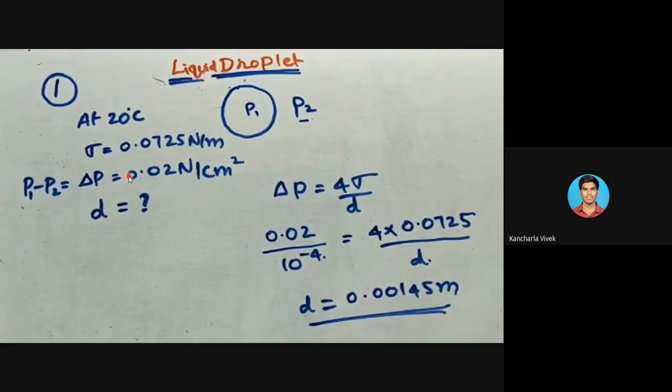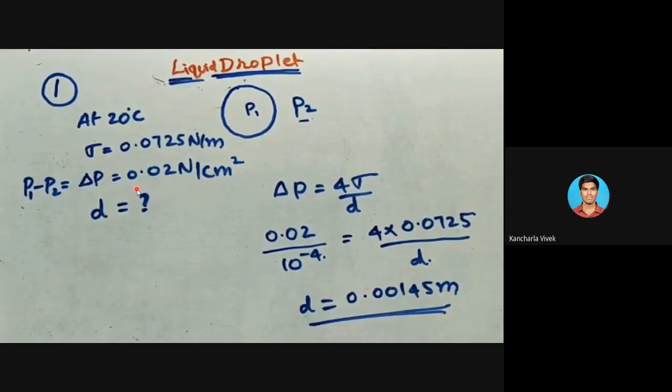So 0.02 by 10 power minus 4 equals 4 into sigma, that is 0.0725 Newton per meter, by d, which we need to calculate. When we calculate the formula, it will become 0.001. The main thing here is we are not worried more about the answer. If you do the calculation, it will come. But we are more worried about the terms here. Since delta P is given, we did not again specifically calculate P1 and P2.